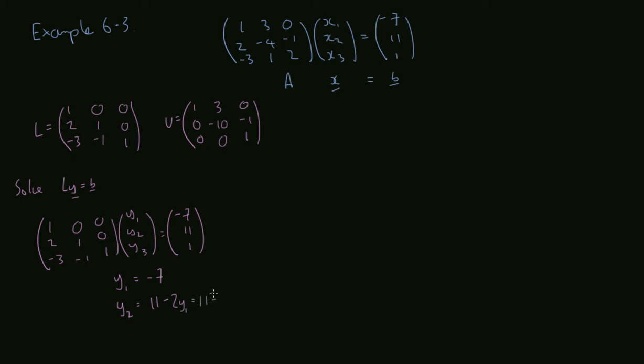So that's 11 minus 2 times -7, so that's 25. And y3 is going to be equal to 1, which is our b3, plus 3 lots of y1, because it's -3 here, and another plus 1 lots of y2, because we've got a -1 here. So it's 1 plus 3 times -7, so that's -21, so that's going to be -20, plus 25, so that's equal to 5.